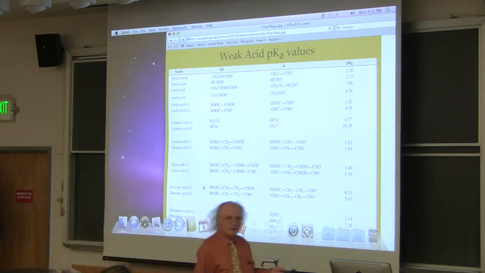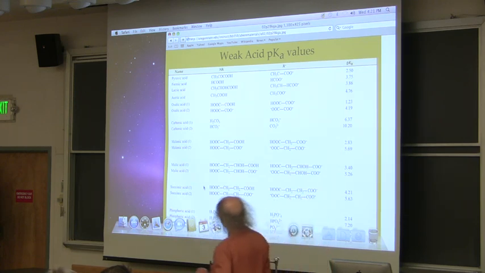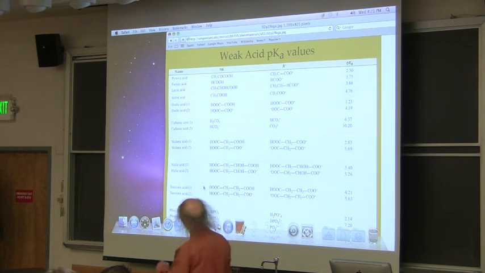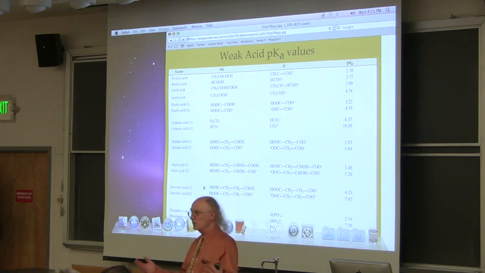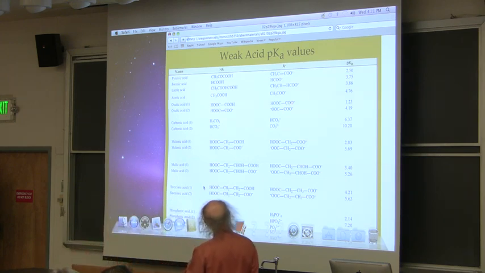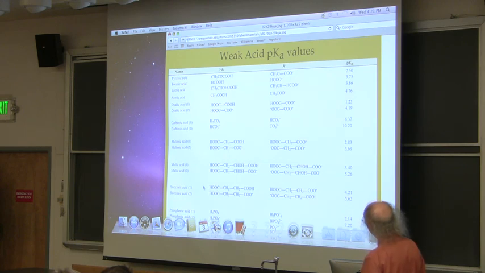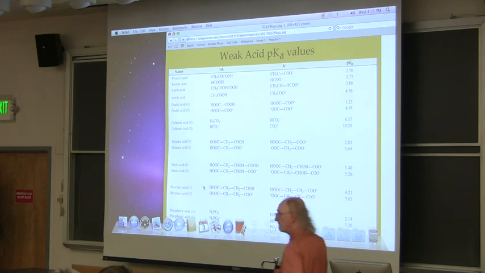This means it has 2 different groups that can ionize, one on the left and one on the right. Each acts as a weak acid with its own pKa value. The loss of the first proton is associated with a pKa value of 1.23. The loss of the second proton has a pKa value of 4.19.